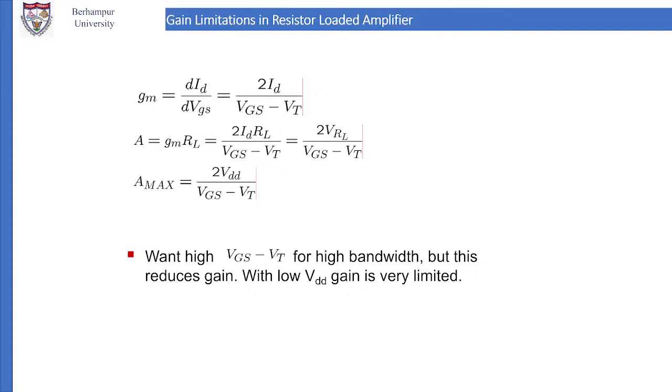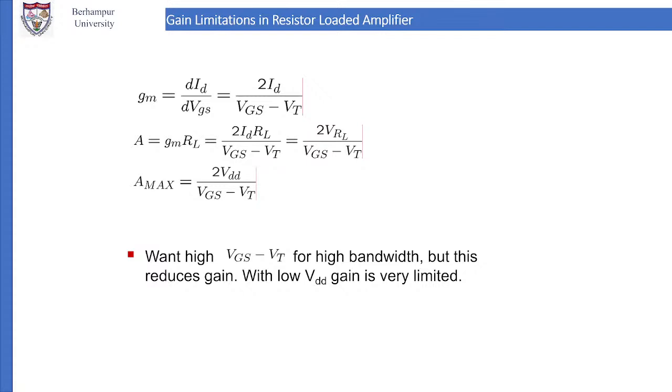If you put it in analytical form, take the differentiation of ID with VGS, the expression that we get for gm is 2ID divided by VGS minus VT.